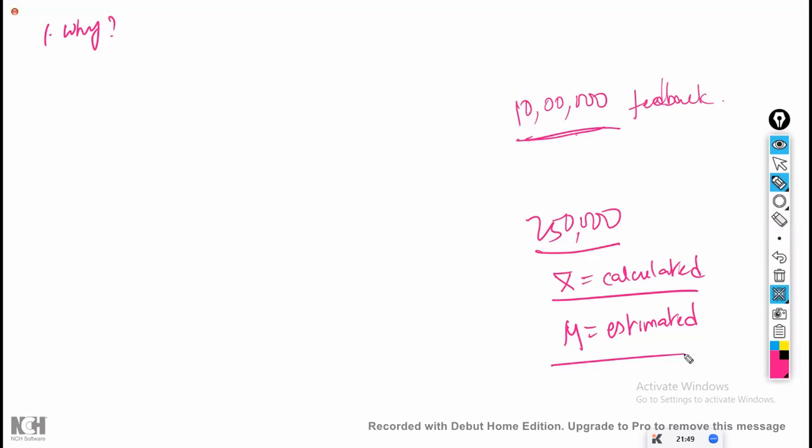In real life, we do inferential statistics all the time. Every time we are going to estimate. For example, take the exit poll survey. Exit poll means once the polling is completed and people have cast their vote, they identify which party is going to win in a particular area.